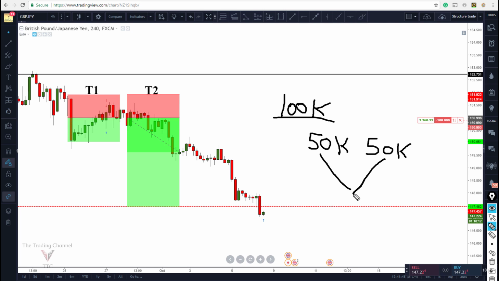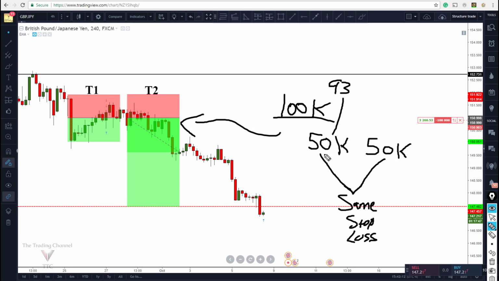These two positions will have the same stop loss, but they will have separate profit targets. For this example, we had 93 as a target for the first position and 353 as the target for the second position. So that's how you would set up a multiple target trade.